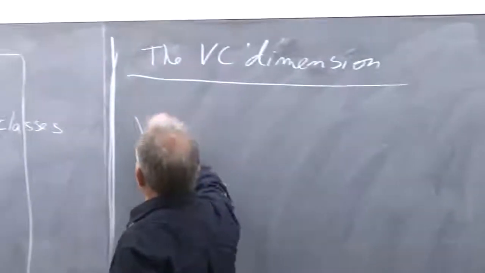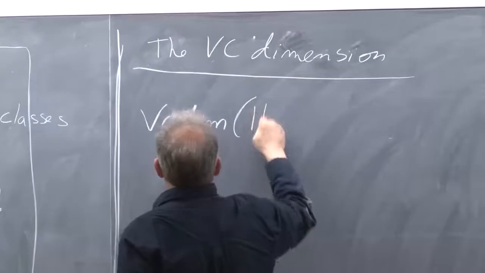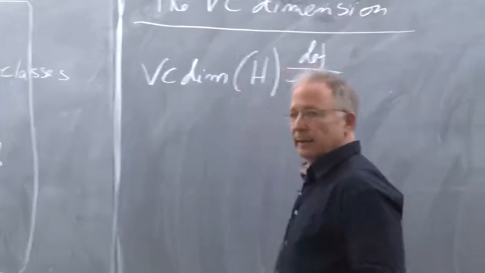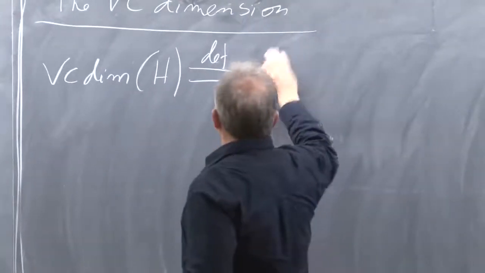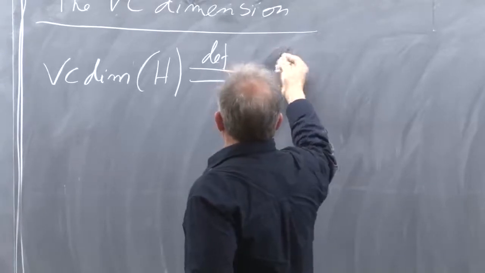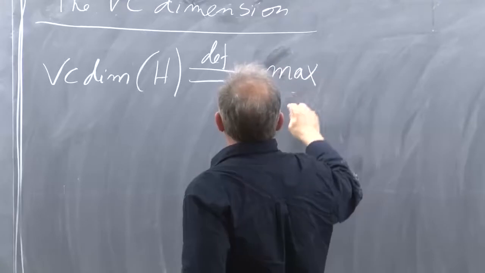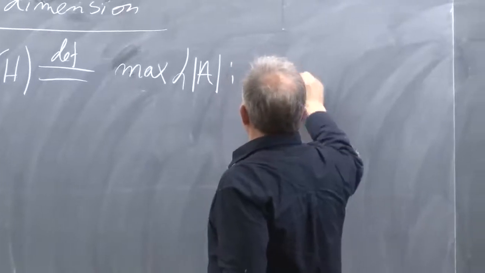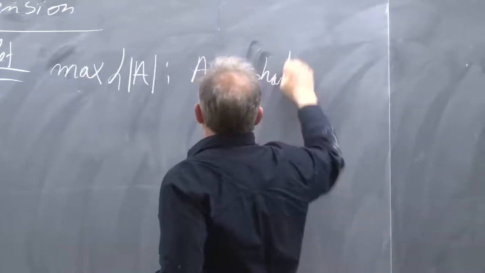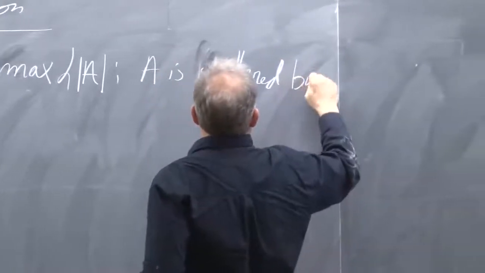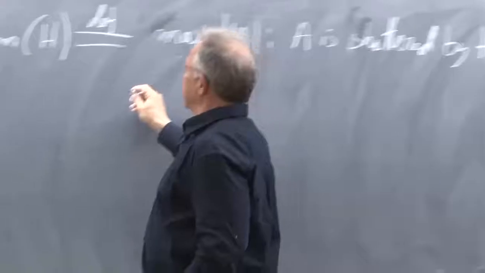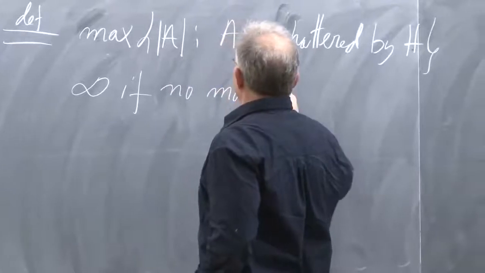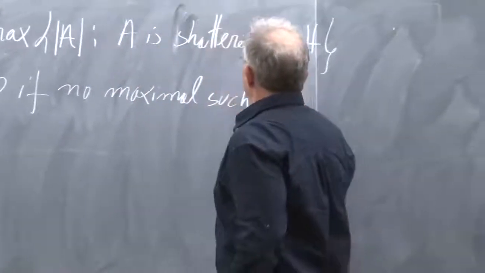So the VC dimension of a class H is defined as the maximum of the size of A such that A is shattered by H, and is infinity if no maximal such A exists.